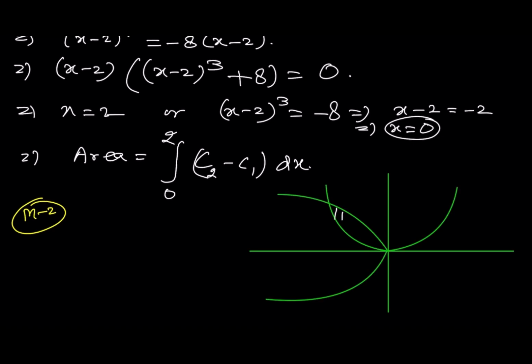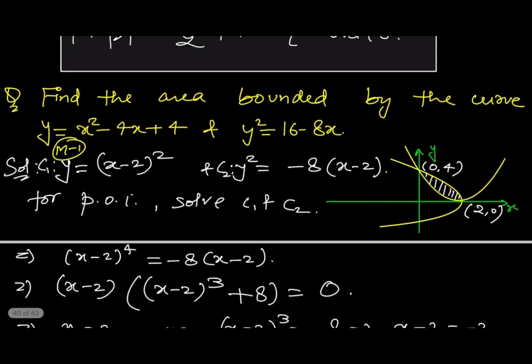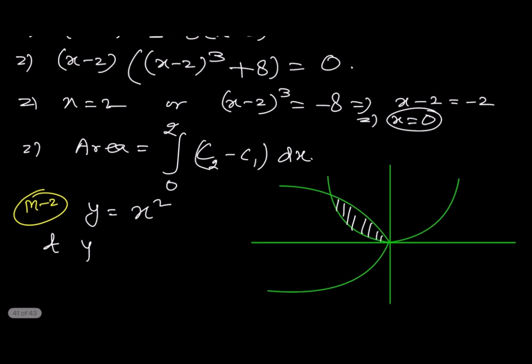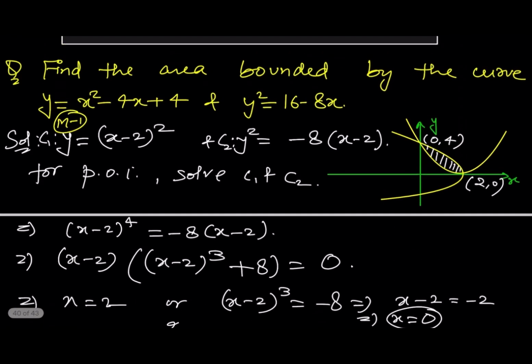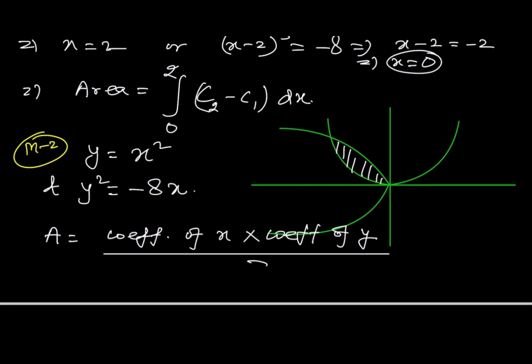Suppose this is, for the time being, y is equal to x square, and the other is y square is equal to minus 8x, right? And we have a shortcut formula for the area between two parabolas, which is the coefficient of x into the coefficient of y, by 3.